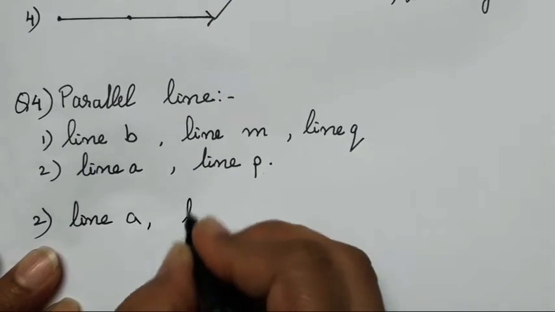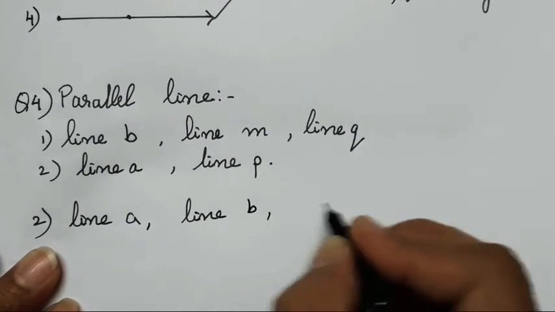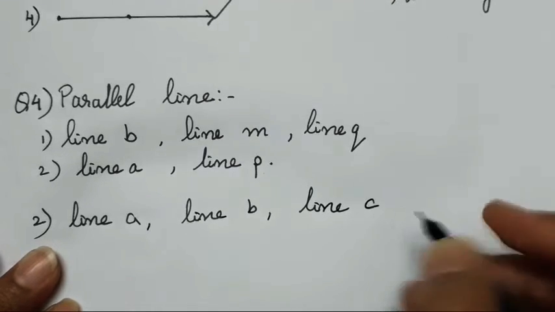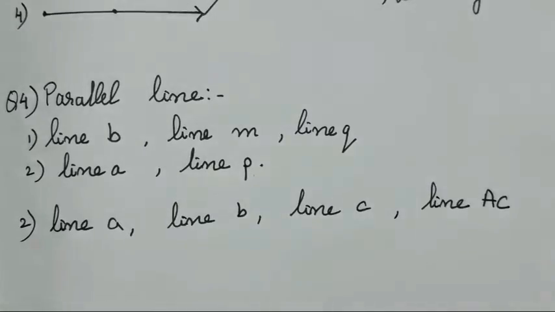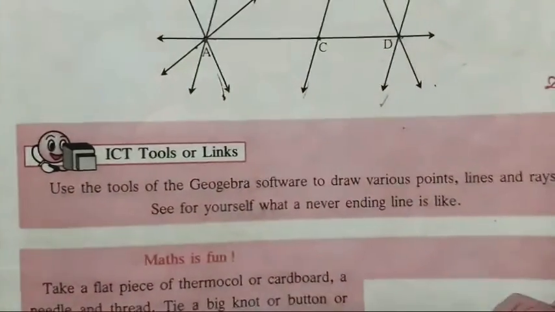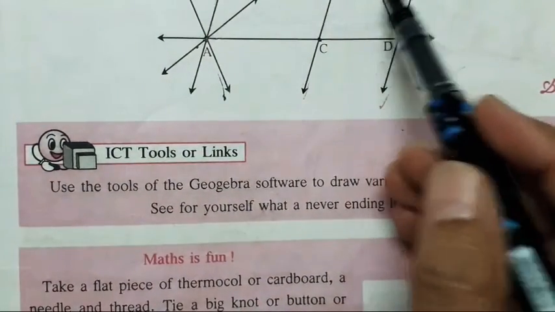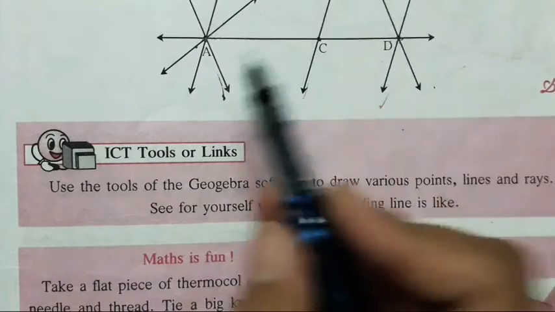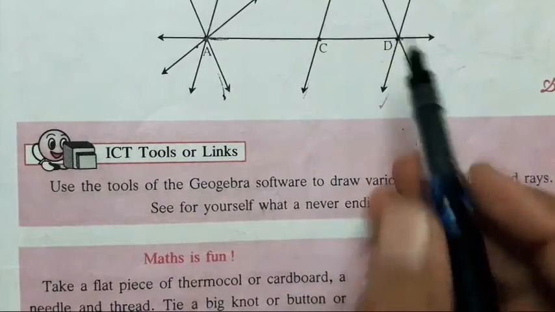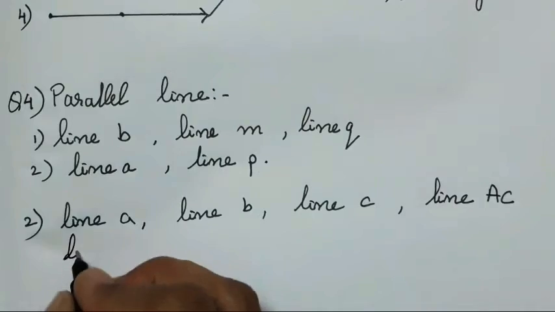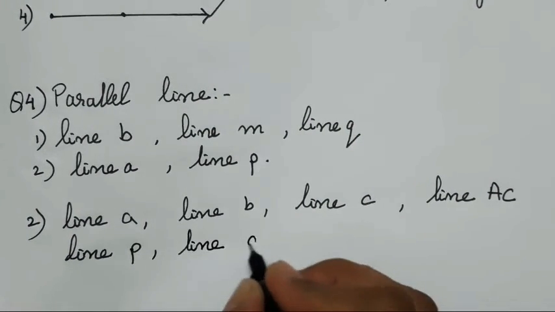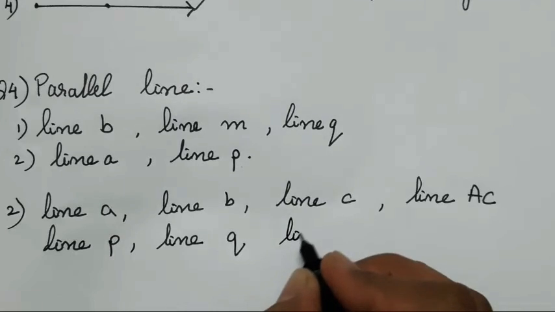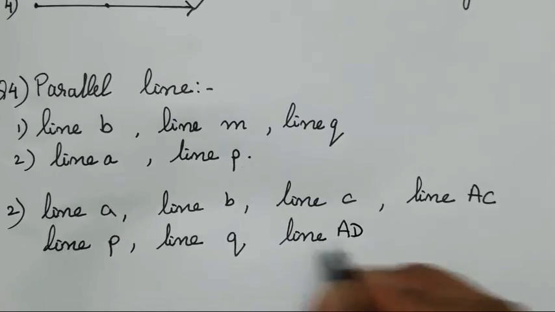Line A, line B and line C and line AC are congruent. Next one is line P, line Q and line AD.